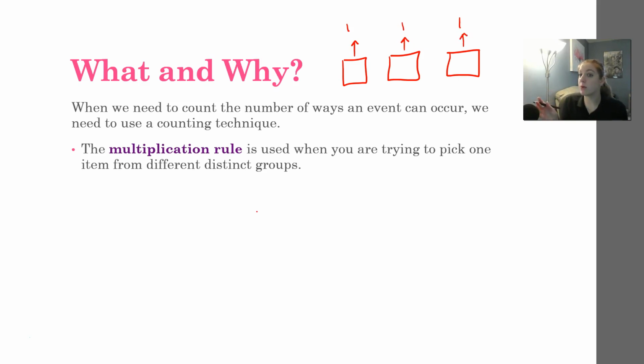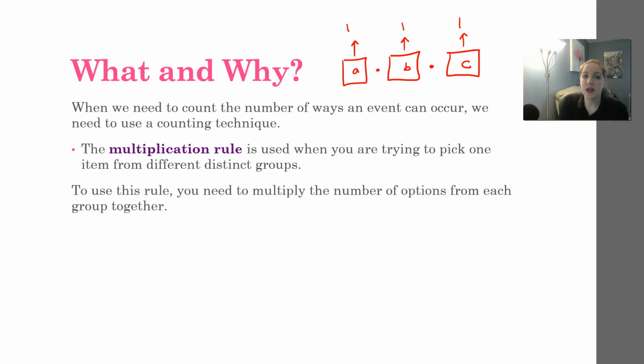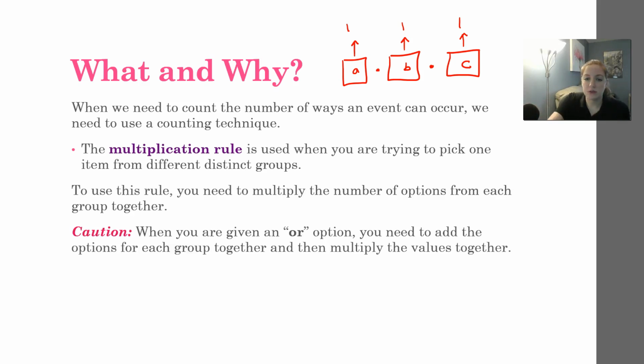That's when we would use this. Basically, you're going to take the number of ways. So let's say this is A, this is B, this is C. We're just going to multiply the numbers together, how many options each group has.